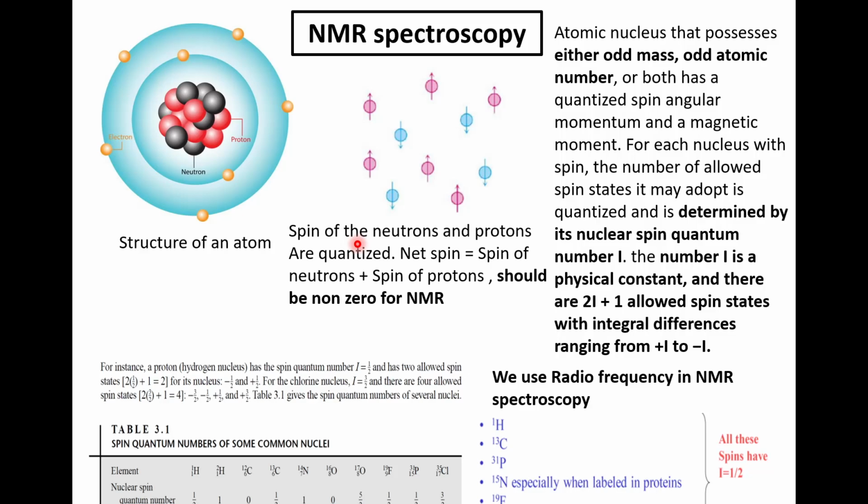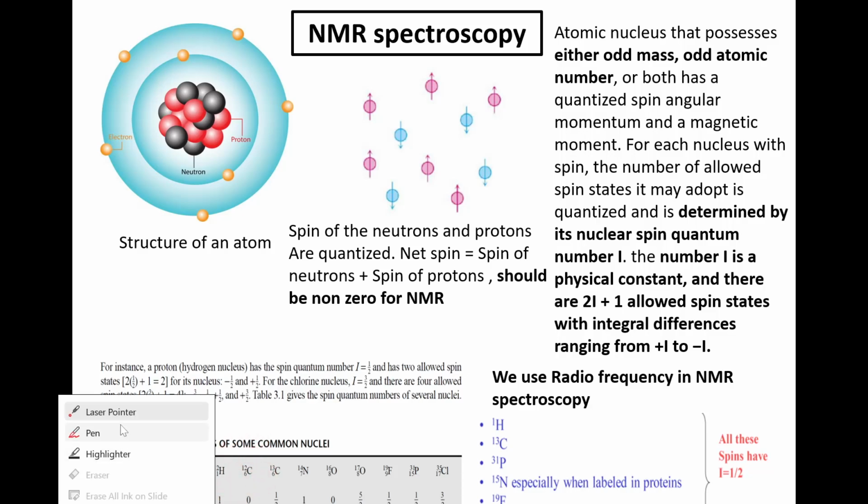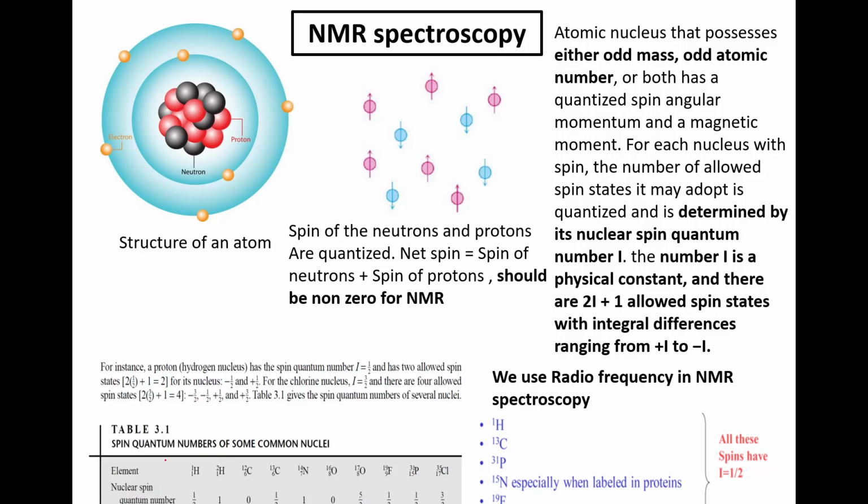That's why you do not see any spin states for this carbon-12, and it is NMR inactive. This is how you see whether an element is NMR active or not.